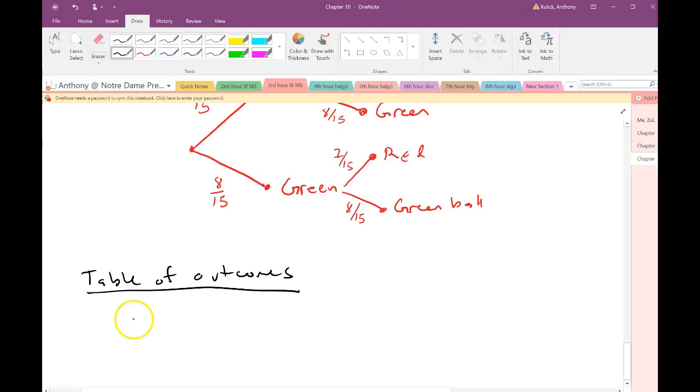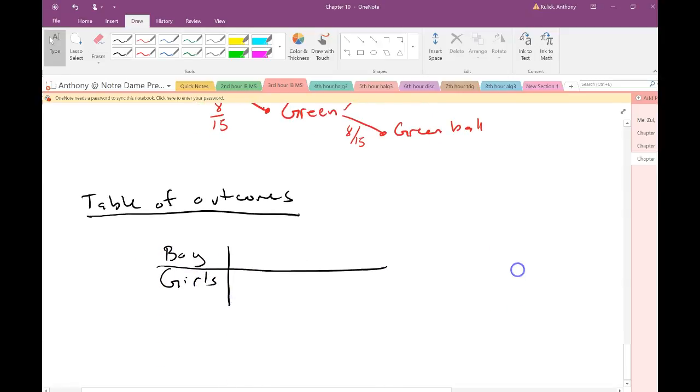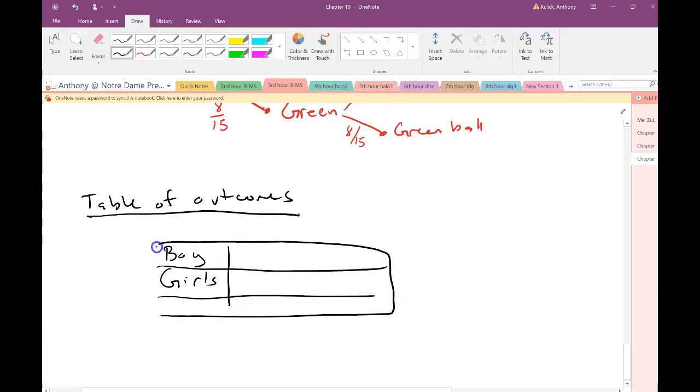A table of outcomes might look similar to what you had to do in your quiz that you just took for the first question. You could be given something like this.